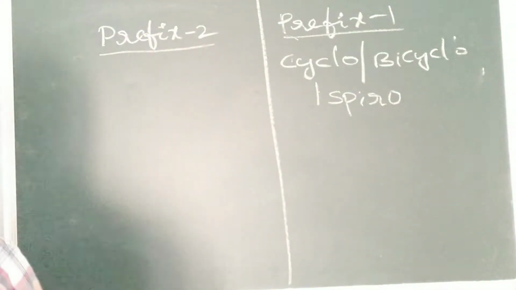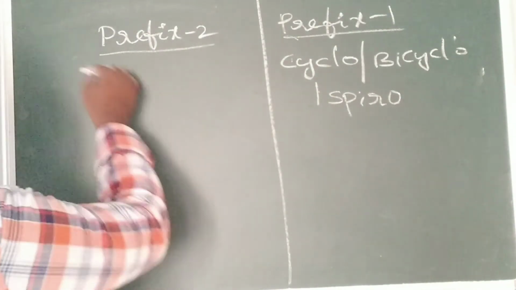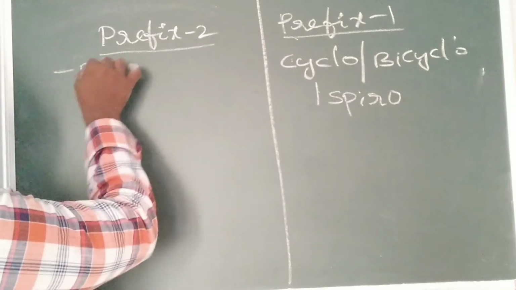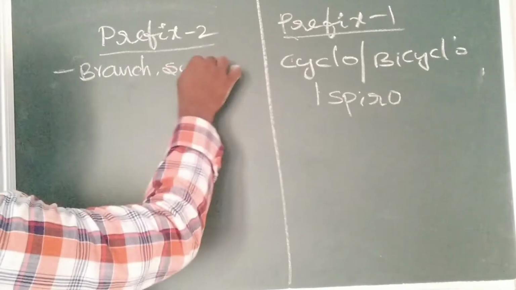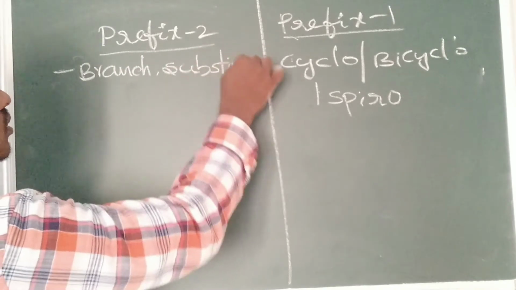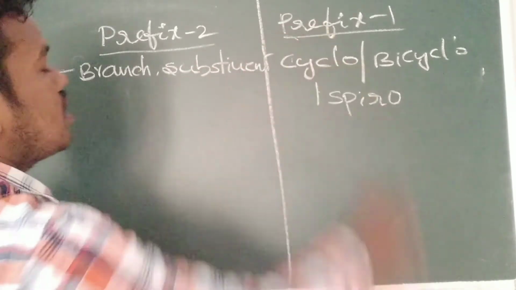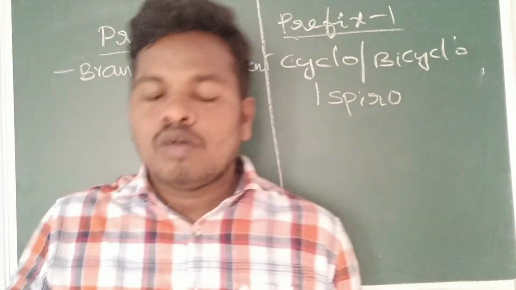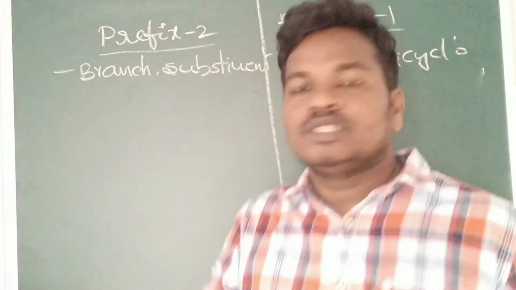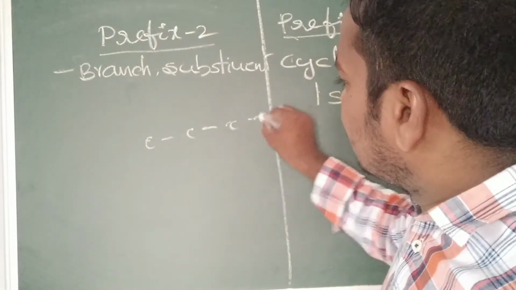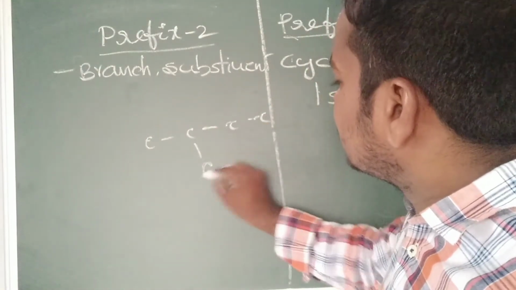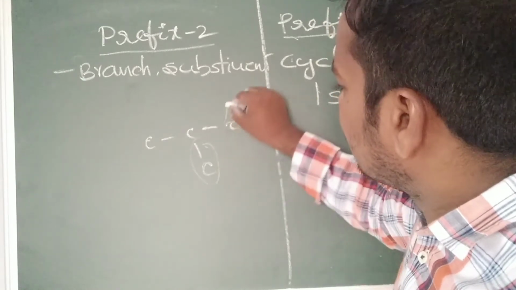For example, in a given molecule, branches or any substituents are present. A group of atoms attached to the main chain, no? In the main chain some branched chains will be there. For example, this is the one chain, and in the chain some branched chains are present.